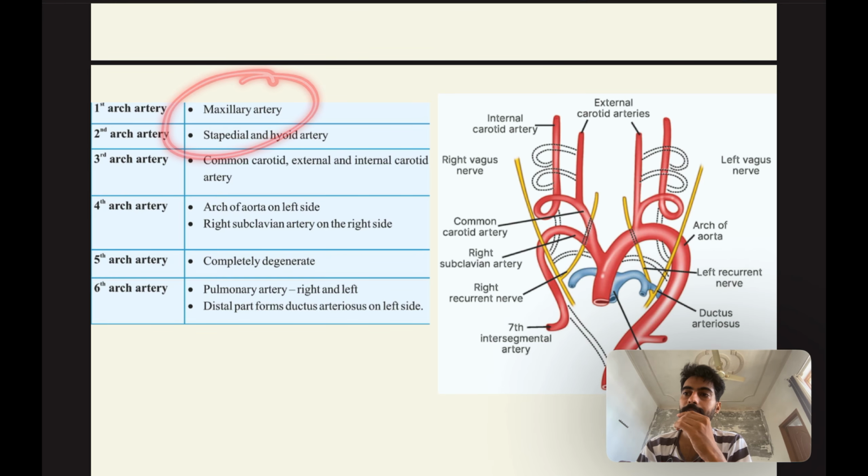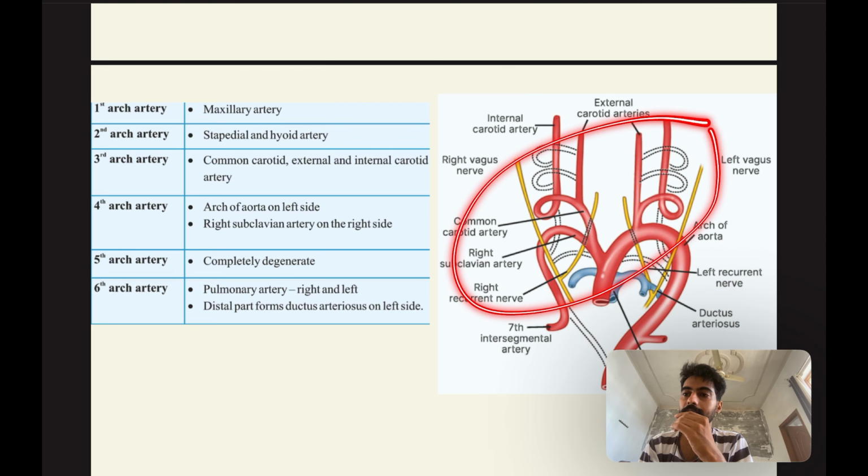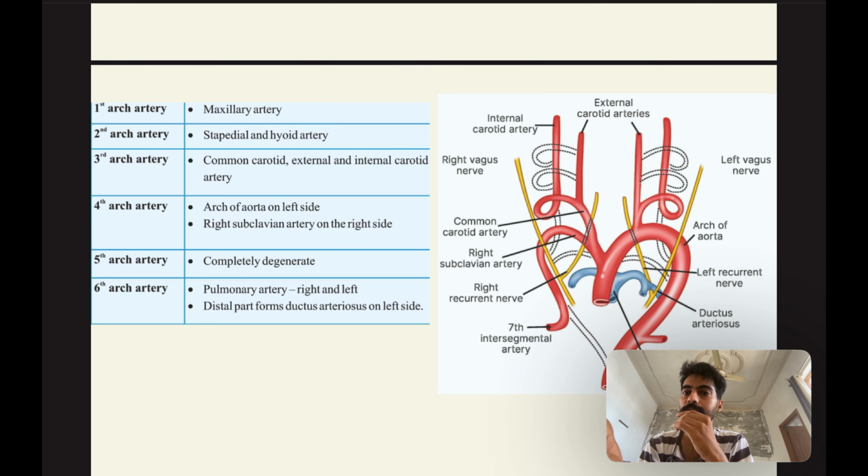Now let's summarize the development of the arterial system. From this diagram, our first arch artery forms the maxillary artery. The second arch artery forms the stapedial and hyoid artery. The third arch artery forms the external carotid, internal carotid and common carotid artery. The fourth arch artery will form the arch of aorta on the left side, and the right subclavian artery on the right side. The fifth arch artery will completely degenerate, as we discussed in the previous lecture.